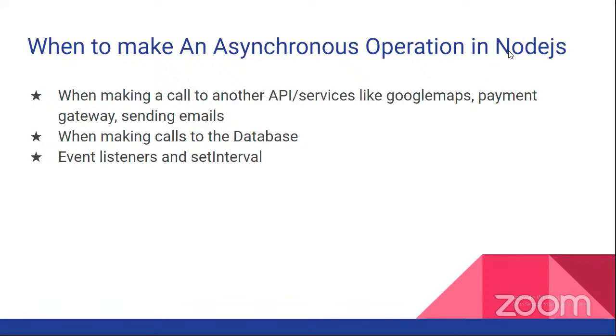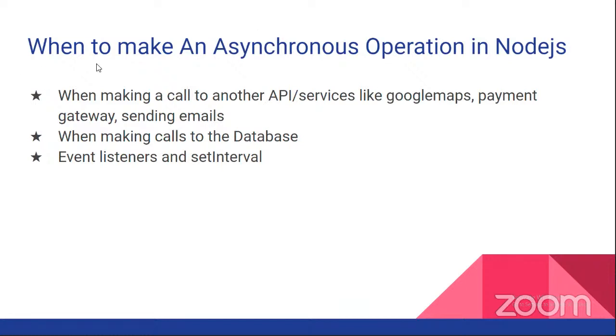It's just an engine that we use in running JavaScript in the terminal, like the browser. Even Node.js was built with the same V8 engine that they used to build Google Chrome, so it's still JavaScript.